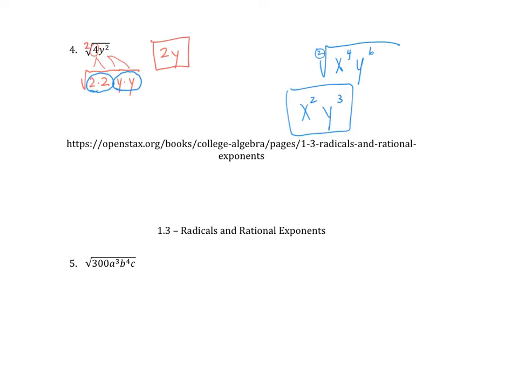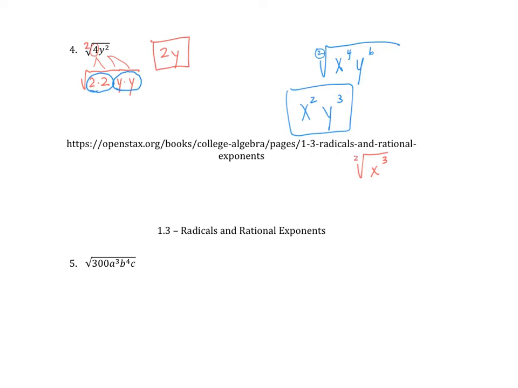You could have leftovers, however. So let's look at another example that I'm going to add in here. Let's do the square root of x cubed. So let's just keep it simple. Let's just do x cubed. Okay, so 3 is not evenly divisible by 2, because this is understood to be a 2.